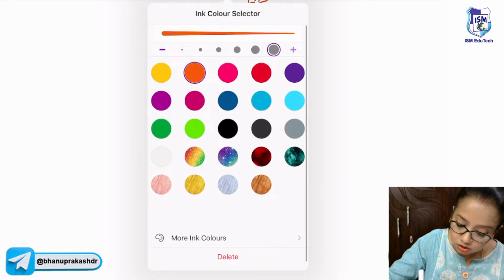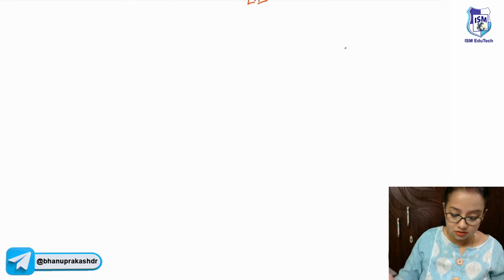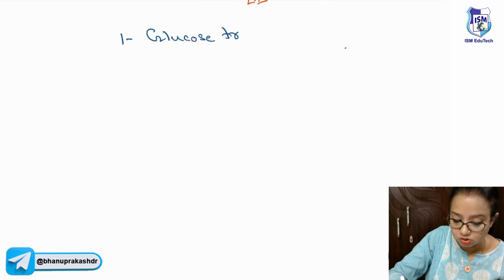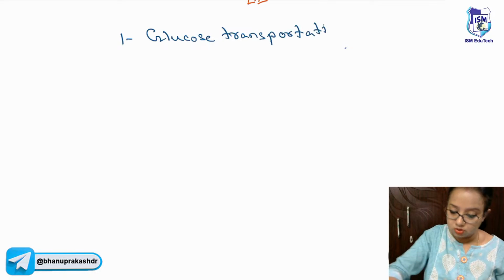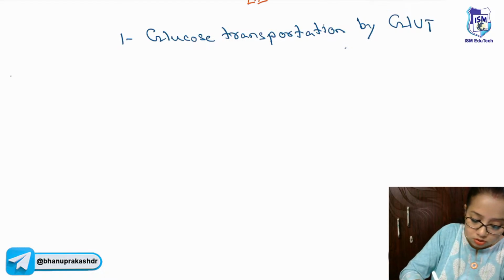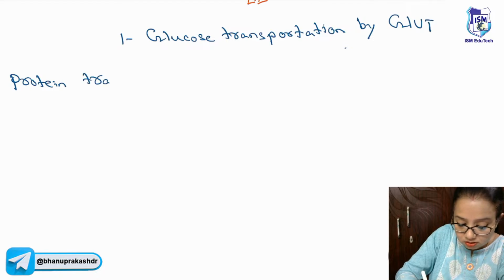Now, the most common and important physiological transportation that happens by facilitated transportation is, number one, glucose transportation by GLUT protein transporters.